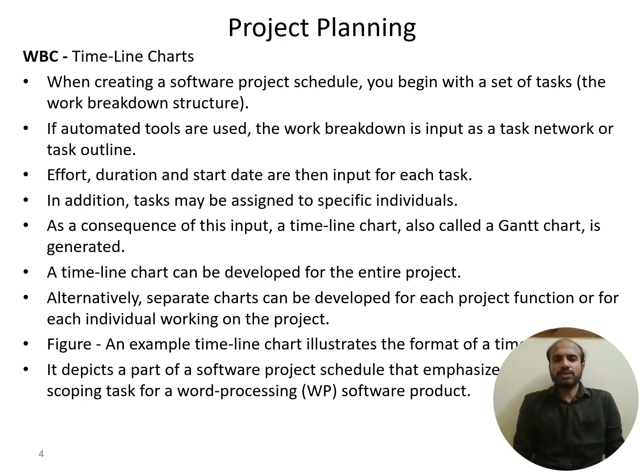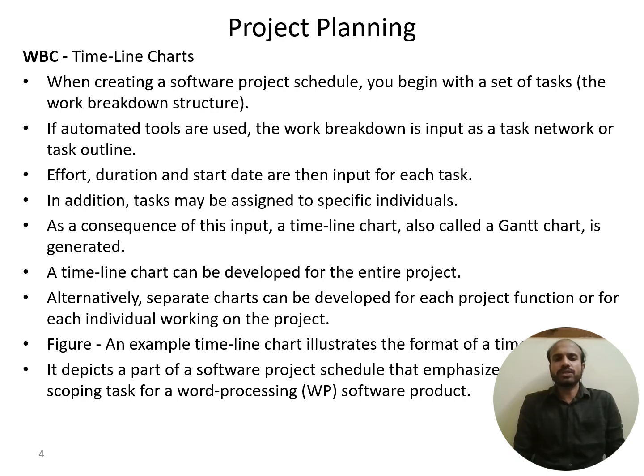So timeline charts or work breakdown charts: when creating a software project schedule, we begin with a set of tasks. That is, okay, this is the main task and what are the subtasks involved in it. If automated tools are used, the work breakdown is input as a task network or task outline.